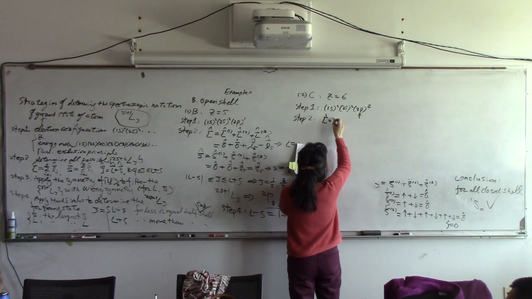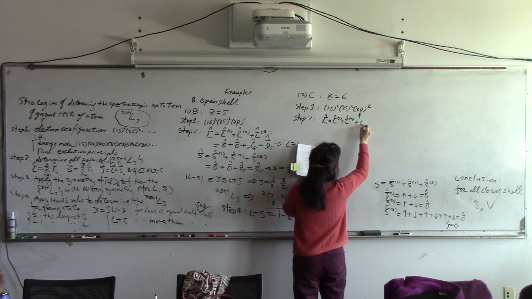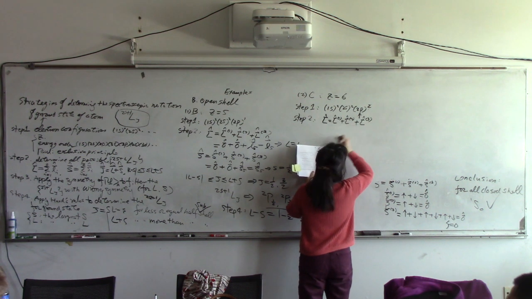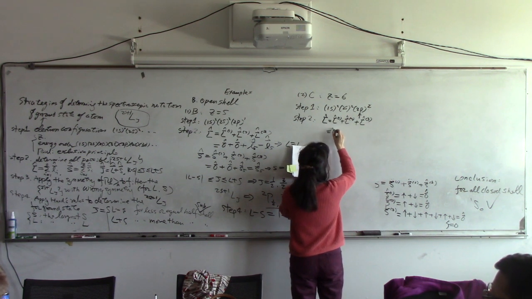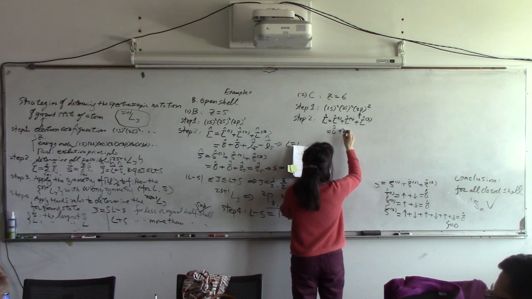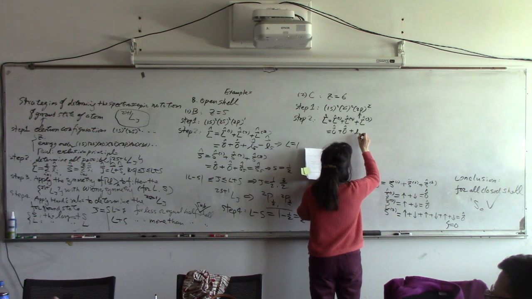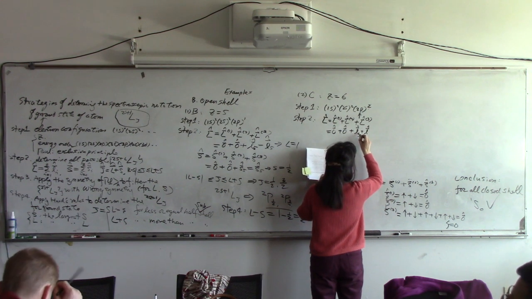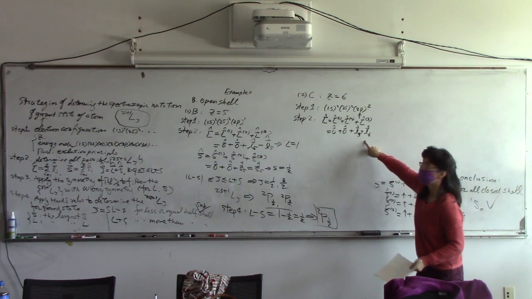Again, we have the first subshell, second subshell, and third subshell. The first one is an S orbital, the second one is an S orbital, and the last one, we have 2 P orbitals, right? Sorry, this is 5, 6. These two.